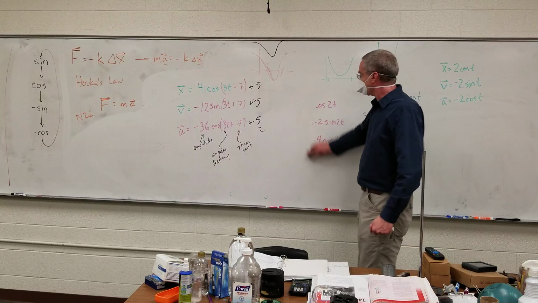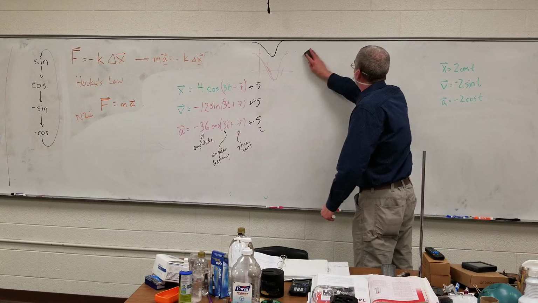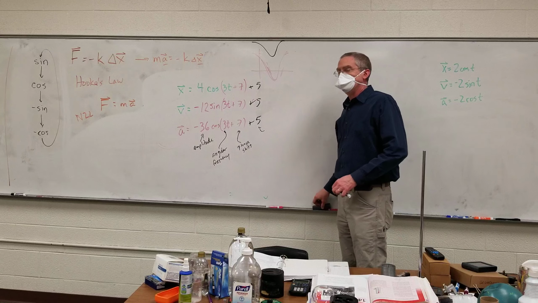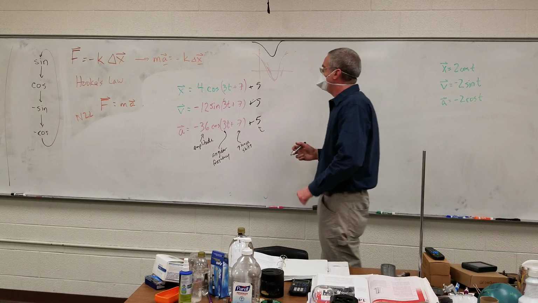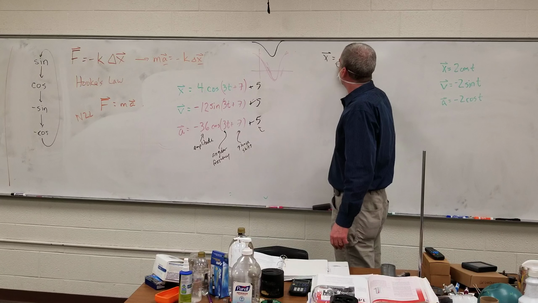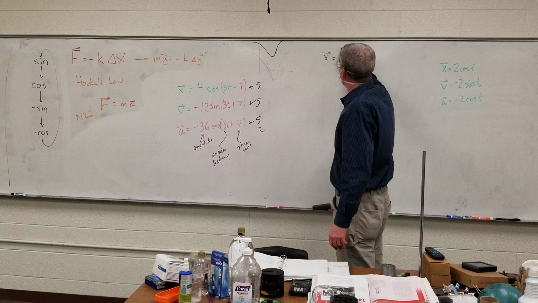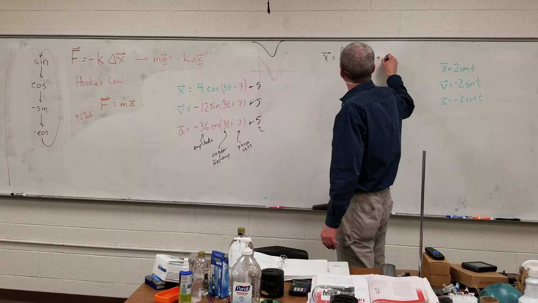All right. Now, we're gonna solve this using just generic letters, sort of an alphabet soup. I'm gonna say that my position graph is equal to some amplitude times the cosine of omega t plus phi.